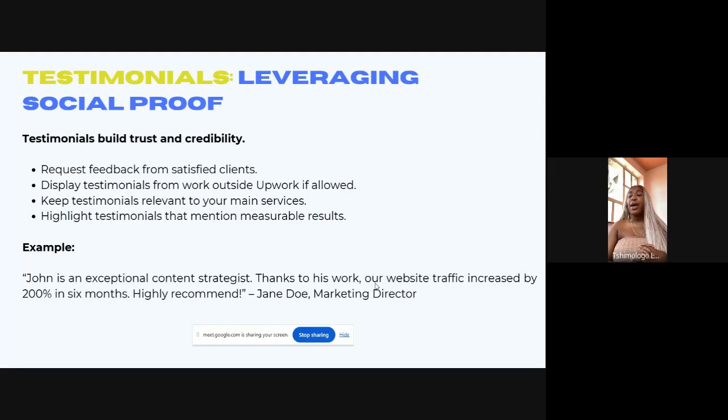And then we have testimonials. The biggest thing about testimonials is that people want to work with people that people have worked with, if that makes sense. So get as much social proof as you can. If you've done something for a friend or a family member, ask them to write you a testimonial.